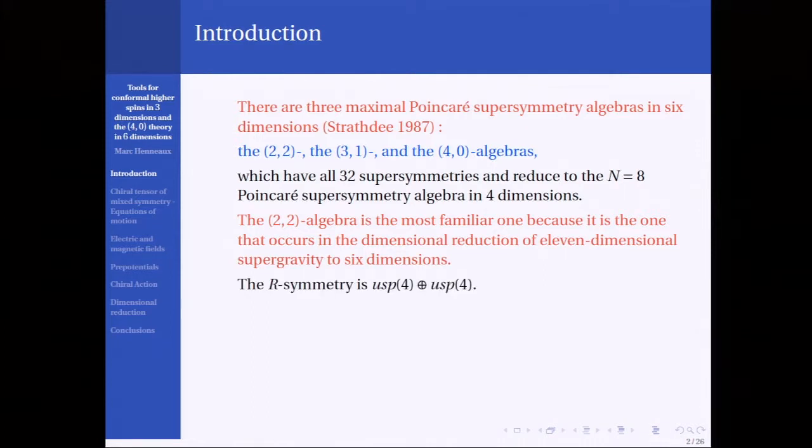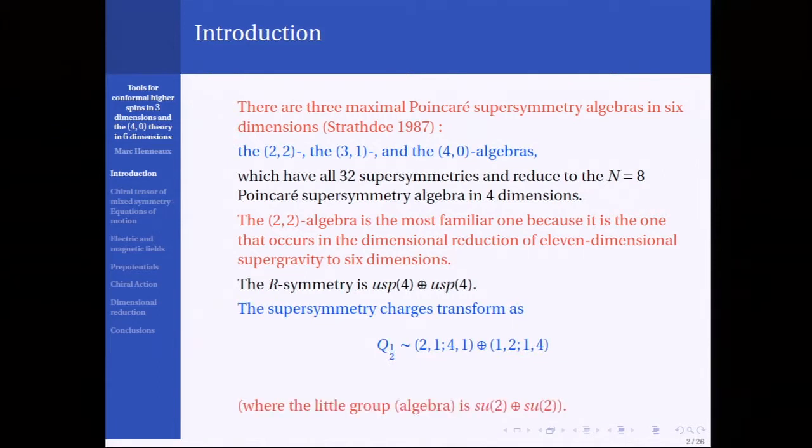It has a hidden symmetry, which is SO(5) times SO(5), with R-symmetry USp(4) cross USp(4), and the supersymmetry charges transform as follows. The little group is SO(4), so it's SU(2) plus SU(2), and this gives you the transformation properties under the little group, and this for the internal symmetry group.